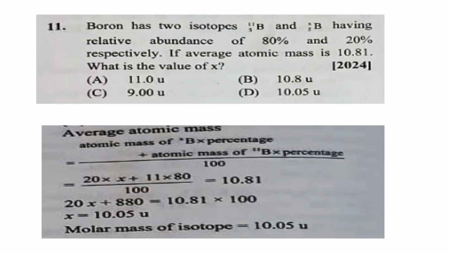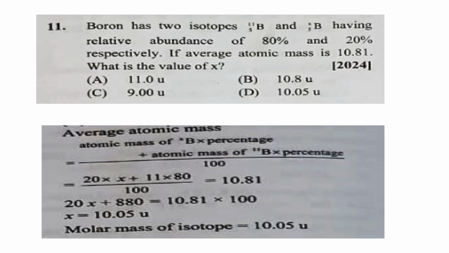Question number 11. Boron has two isotopes having relative abundance of 80% and 20% respectively. If the average atomic mass is 10.81, what is the value of X? Here the value of average atomic mass is already given. As we know the formula, atomic mass of isotope into percentage abundance plus another atomic mass of that isotope into percentage abundance, we have to write here.